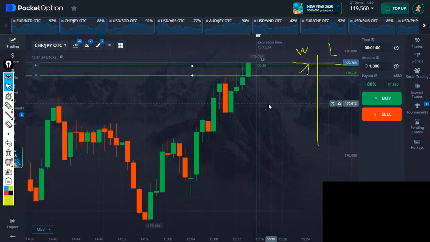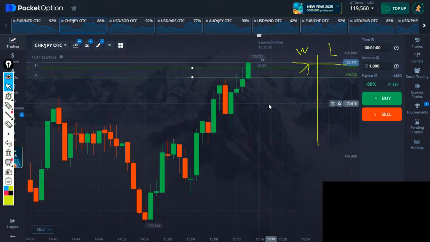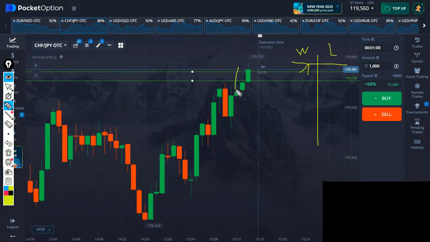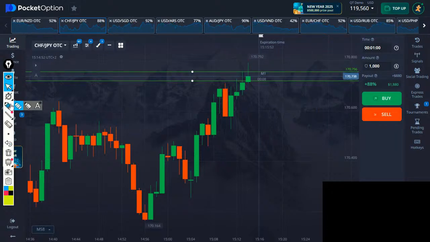I suggest you use a 1 minute trade for these rejection areas. So we got ourselves a winning trade over here. Even if you took it a bit early, even if you took your trade over here, it would have been a winning trade.